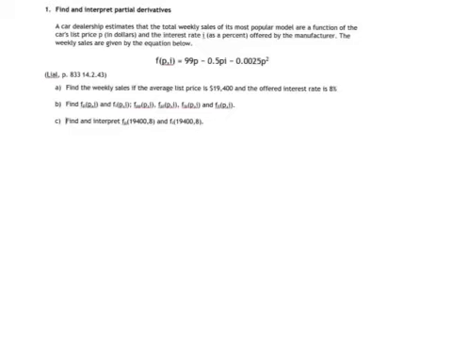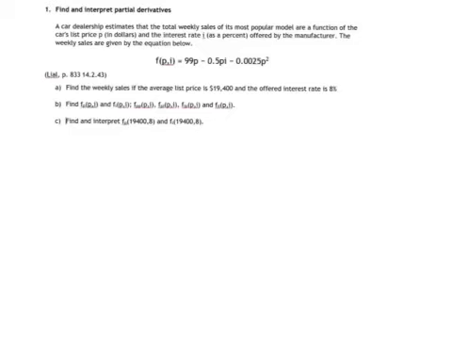So part C asks us to find and interpret f sub p and f sub I. So we're going to interpret the first derivatives where the price p is 19,400 and I interest is 8%. And they're asking us then to look at the values and interpret them in this business situation.